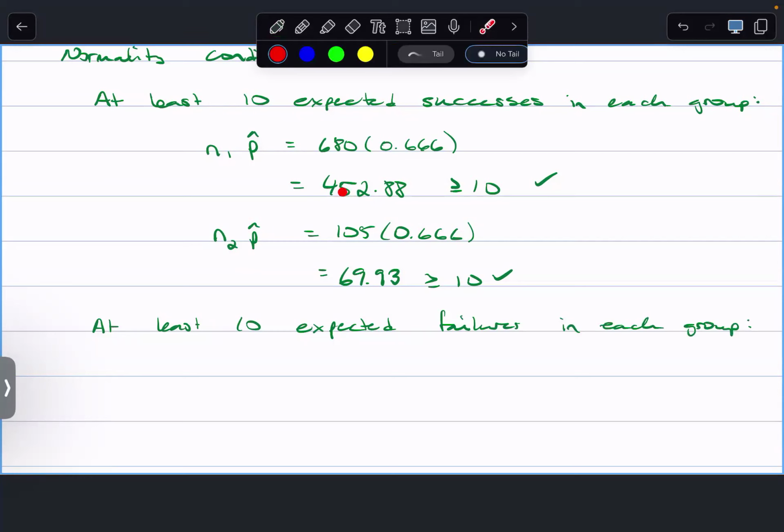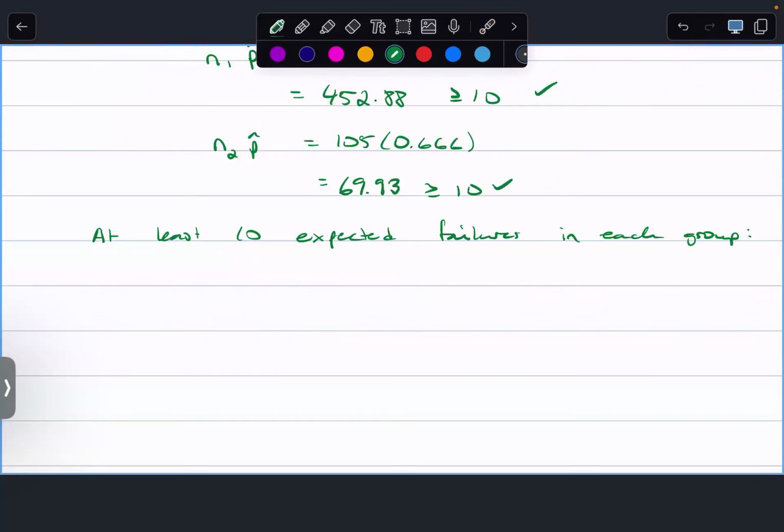If these are successes, then 680 minus the successes must be failures, right? So instead of doing fractional math, I'm just going to subtract 452.88 from 680 to get an approximation of my failures, right? Or you can do N1 times Q hat, where Q hat is 1 minus 0.666.